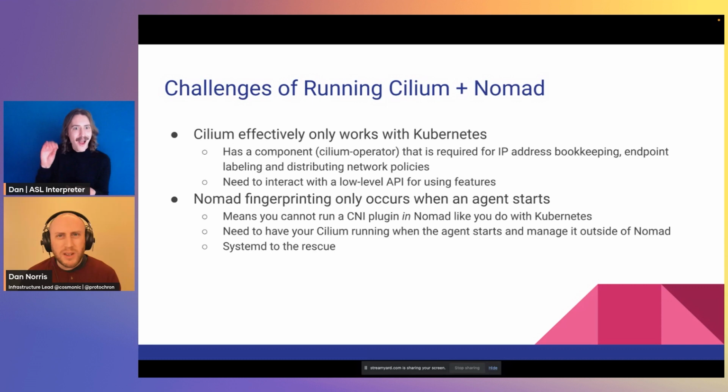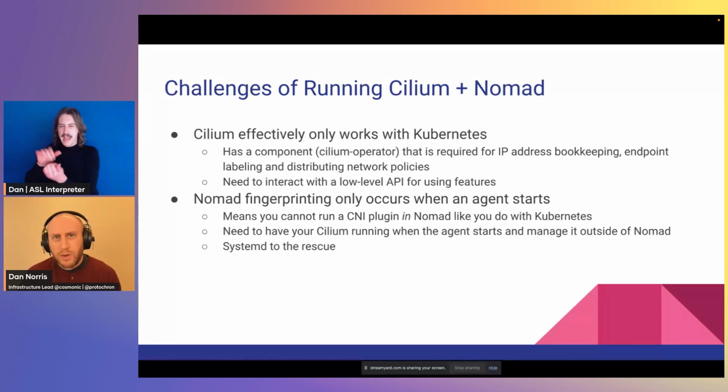What that does is it spends a lot of time making sure that IP addresses are allocated and deallocated properly, that individual endpoints or services are labeled correctly, and those labels are updated, and also distributing network policies to all the various things that are running Cilium agents. So we had to do something for that, and we'll talk more about that a little later.